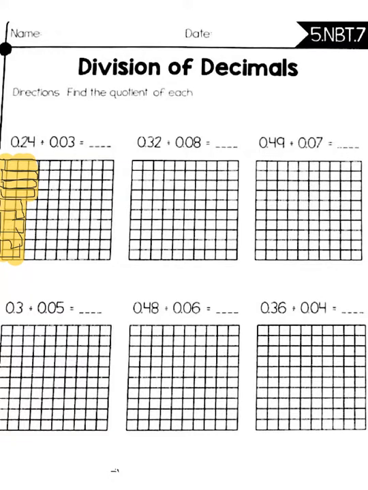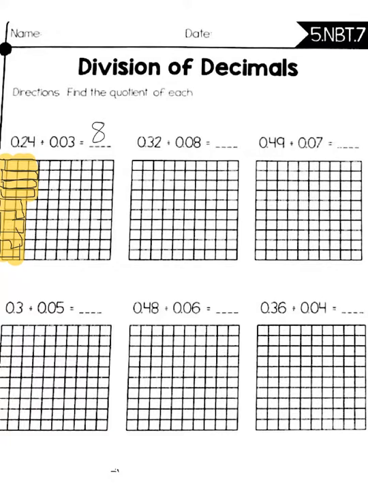And my pen is not cooperating, as you can tell. So basically I have 8 groups of 3 hundredths. Now notice it's not 8/10, it's not 8 hundredths, it's 8 groups of 3 hundredths that are boxed.